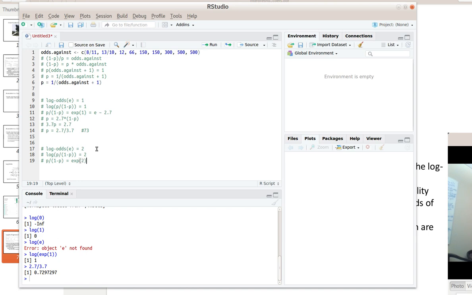So that's e to the power of 2, e squared. So e is about 2.7, so that's like 8, but we could compute it exactly. It's 7.4.